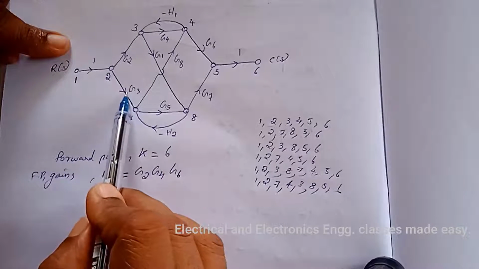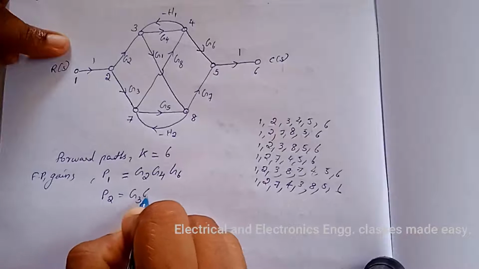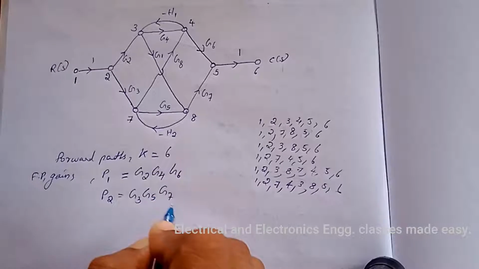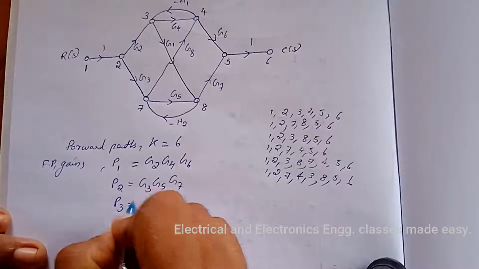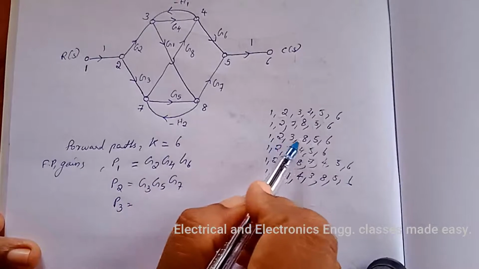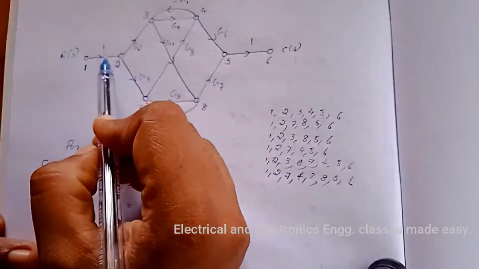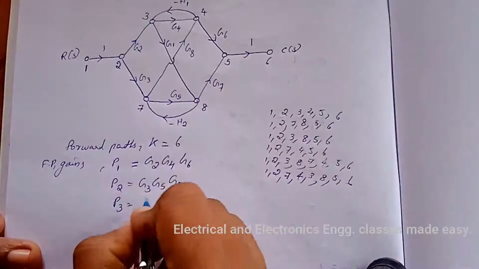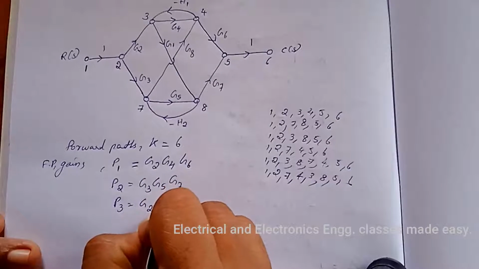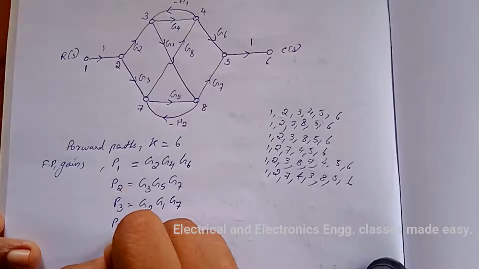That is G3, G5, G7. Next is P3. P3 is 1, 2, 3, 8, 5, 6. So this is G2, G1, G7.